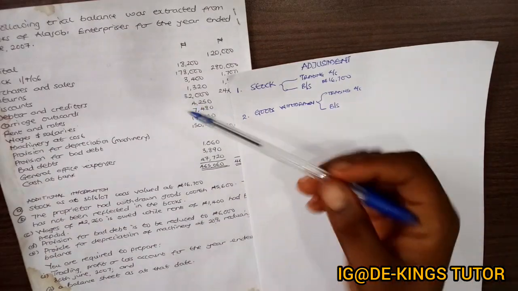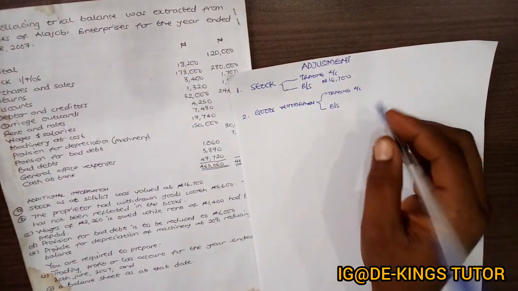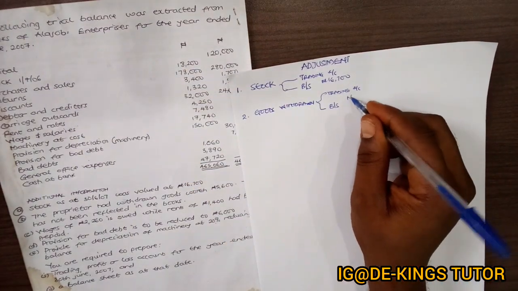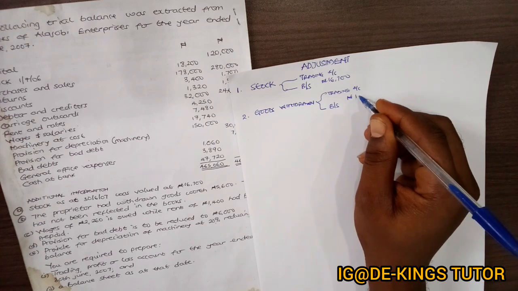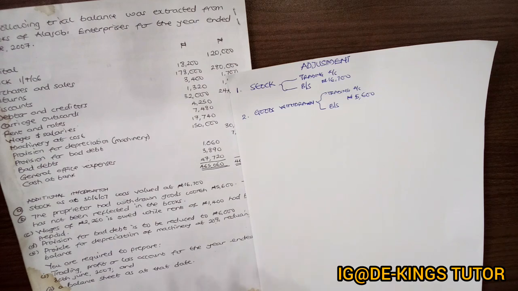Let's check if there are drawings there. There are no other drawings, so the same amount will go to both the trading account and the balance sheet. Remember, everything that appears under the additional information will appear twice. That's why we are preparing the adjustments first.